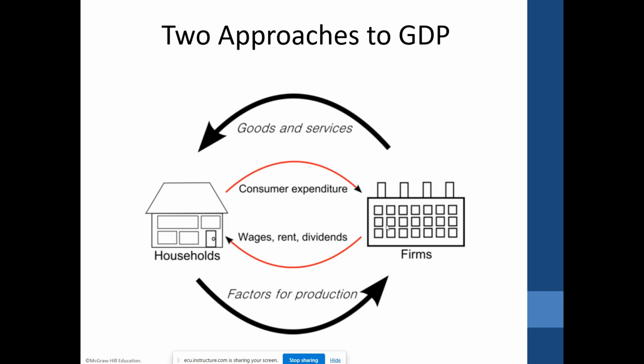Here are the graphical expressions. The bottom arrows illustrate the income approach. Households and other social identities provide firms and businesses with factors of production, such as labor, capital, and entrepreneurial ability, to produce goods and services and receive wages, rent, and dividends in return.